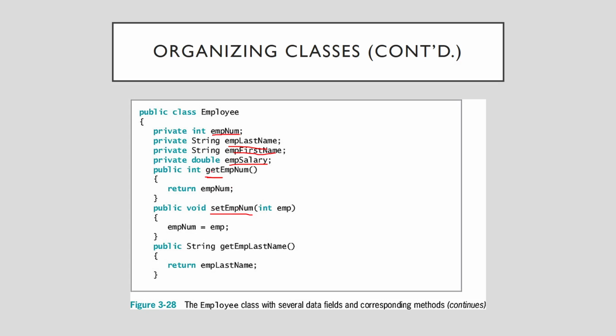Get is for the getter method for the field. Set is the setter method for the field. Since we are using the camel case type for naming our variables and methods or any legal identifier, the next word must be in capital letter. Just like this, getEmpNum. E and N are in capital letters. Okay?